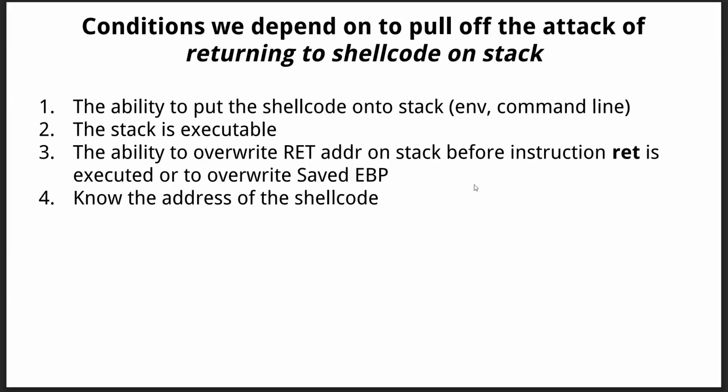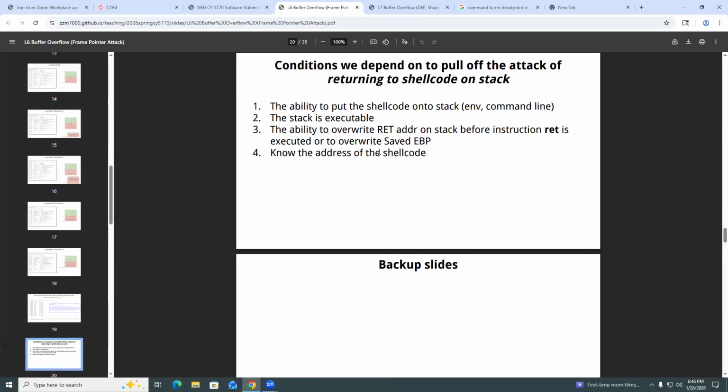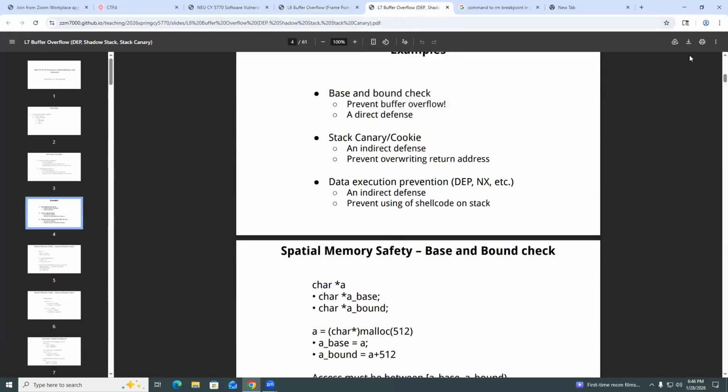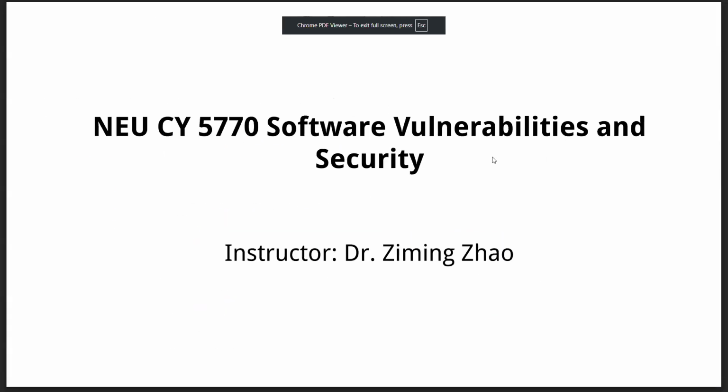And we still somehow need to know the address of the shellcode. Not exactly, but roughly. Okay. So that's about the buffer overflow. Next we talk about how we defeat this and why those defenses are not necessarily good.